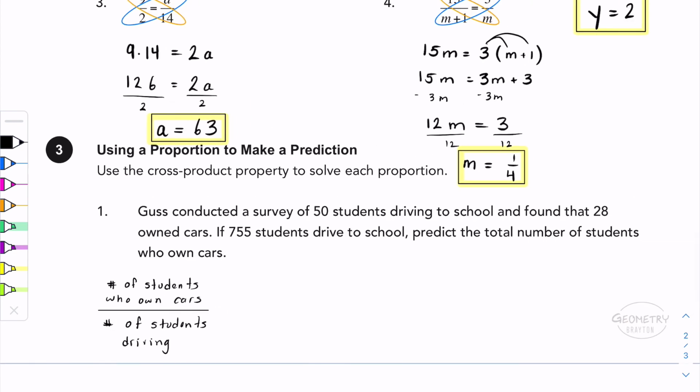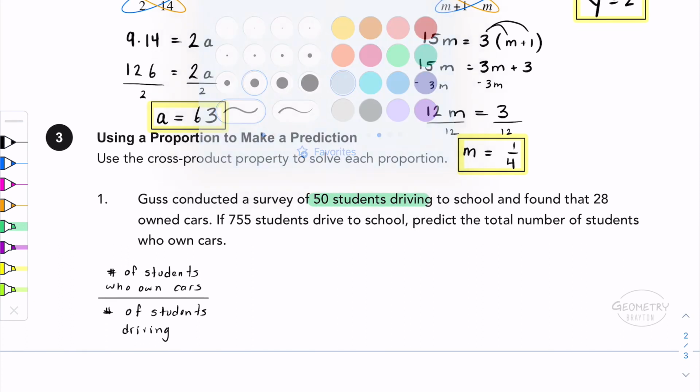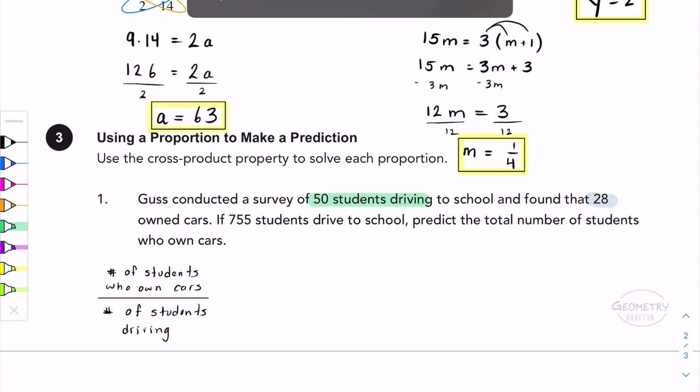So in his survey, he conducted a survey of 50 students driving, and he found that 28 owned cars. I'm going to set my first ratio up as the number of students who own cars.